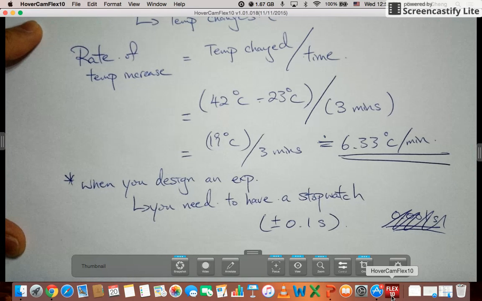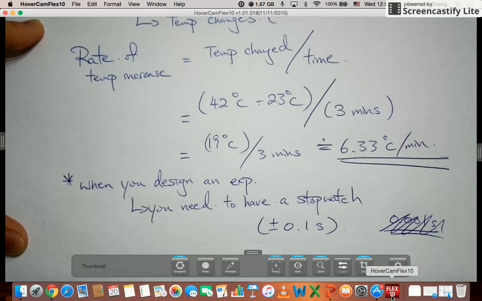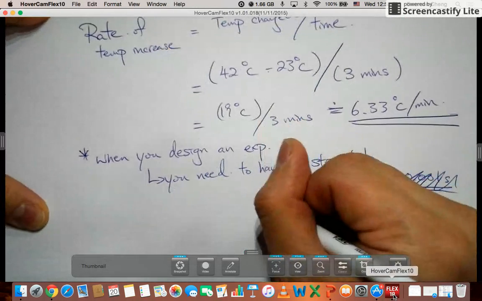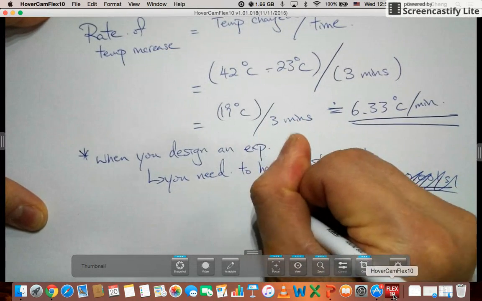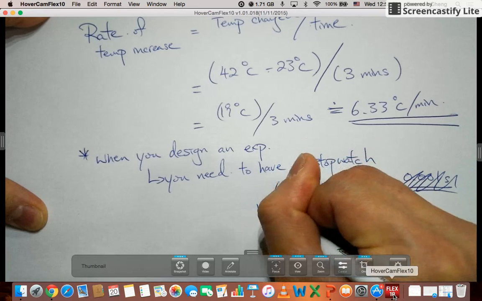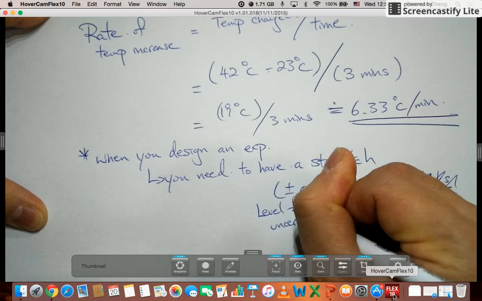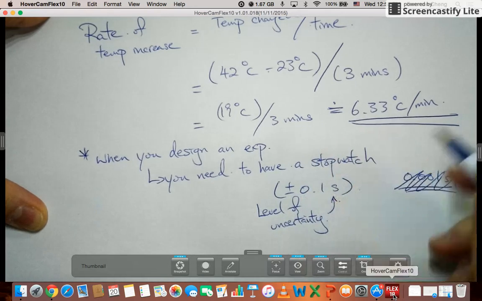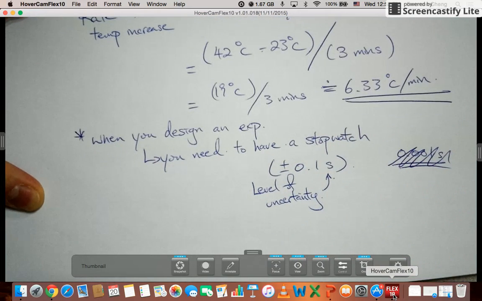No? Okay. So plus or minus 0.1 second is the margin of error, that's the level of uncertainty, if it relies on you pressing the button.